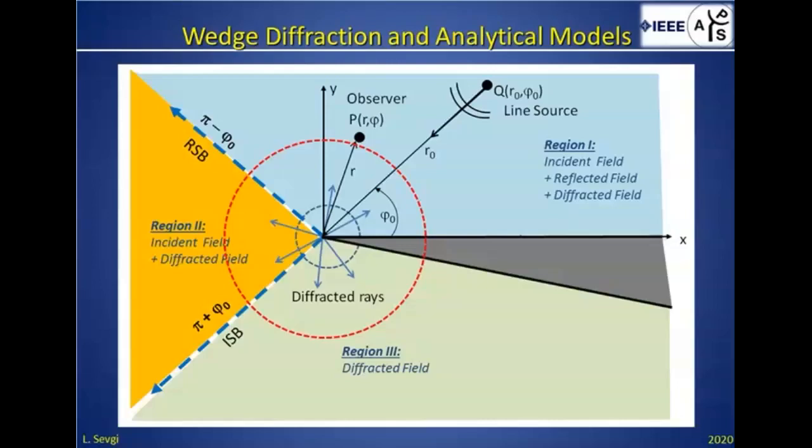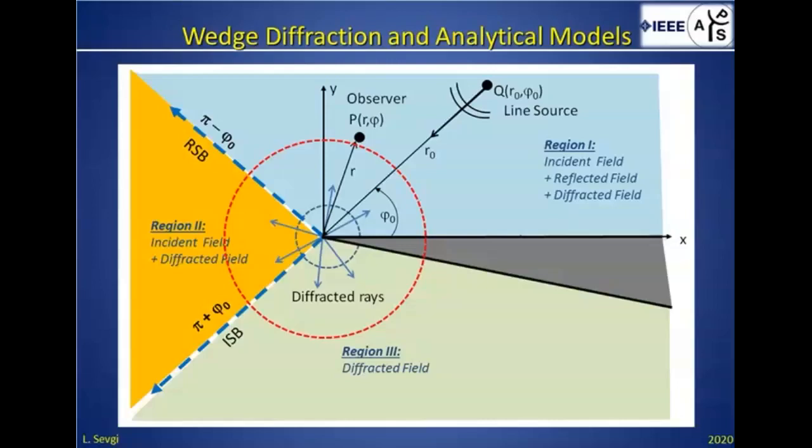The diffracted wedge, as you see on this slide, and we also have wedge-type waveguides where we deal with the effects inside the wedge. That's a different problem. So we only focus on the outside of the wedge in this one. So if you put the line source as on the slide, then you have two boundaries. One is called RSB, reflection shadow boundary, and the other one is called ISB, incident shadow boundary.